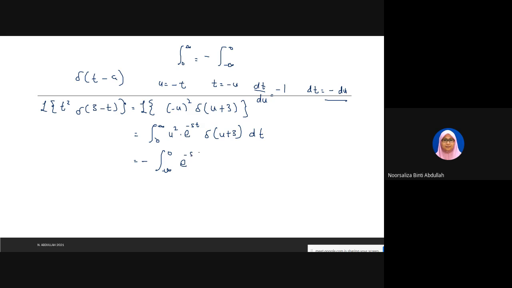So negative s, negative u, delta u plus 3 du. Equals to minus infinity to 0 exponent, sorry, I missed u square here.